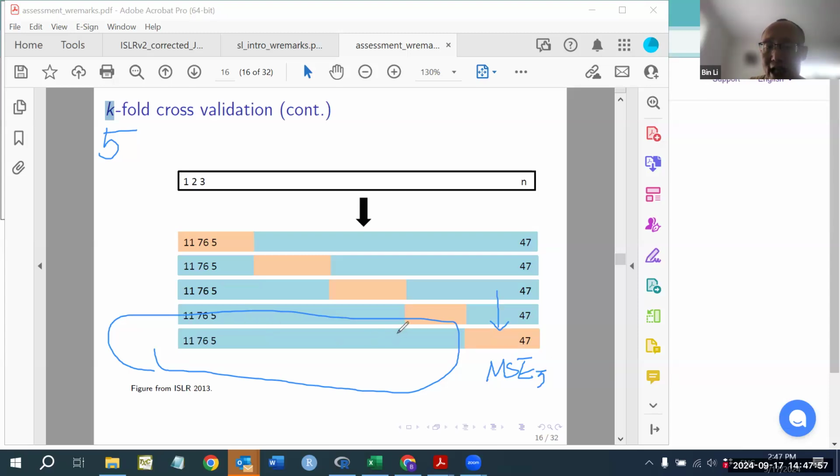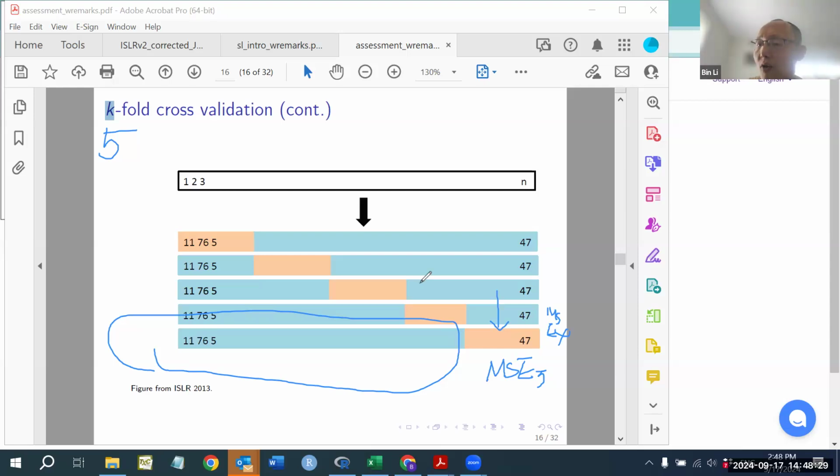Then we use the other four folds as the training set and the 4th one as the validation set. We fit the model and predict on the 4th fold, so we get MSE4, and so on. Then we have the 3rd, 2nd, and 1st as the validation set. After that, we add all these 5 MSEs together and take the average.